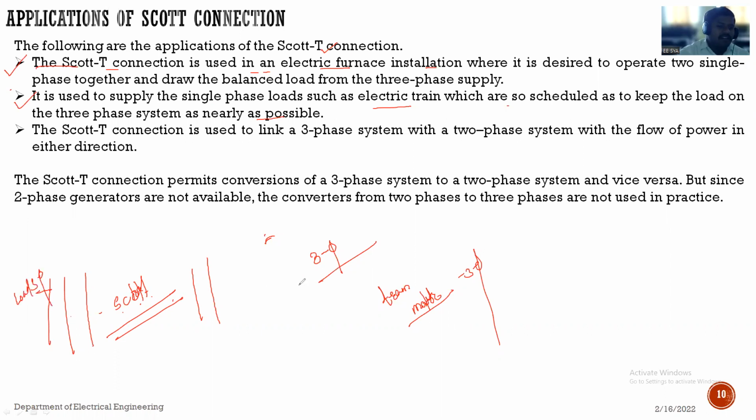On a two phase system there are two phase loads, like a furnace or a two phase motor load. So power can be transferred from three phase to two phase circuit as well as from two phase to three phase circuit, in both directions. So it will act as a type of link.